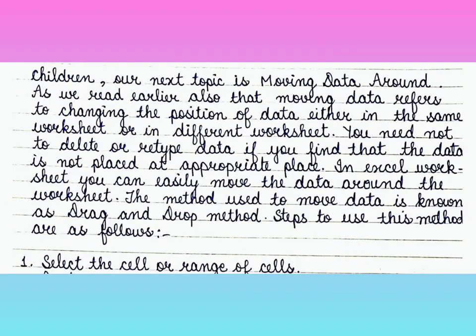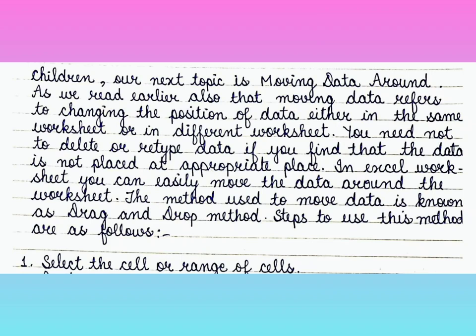Children, our next topic is moving data around. As we read earlier, moving data refers to changing the position of data either in the same worksheet or in a different worksheet.